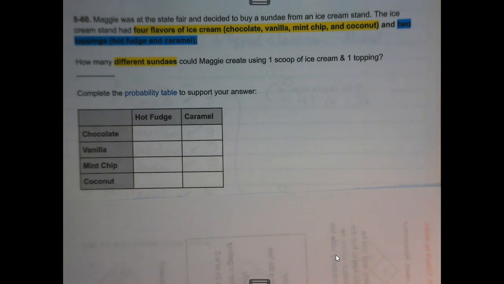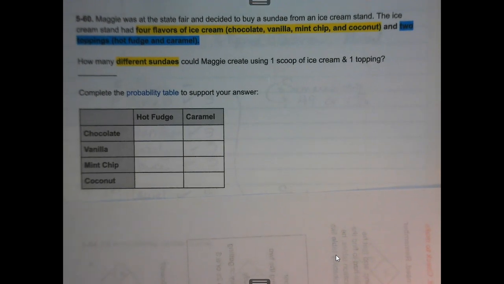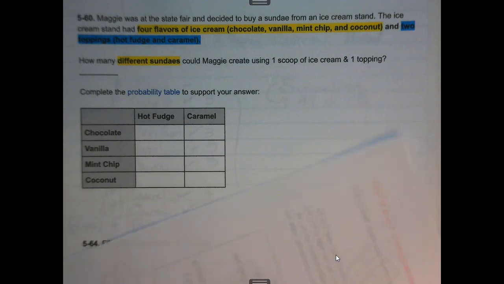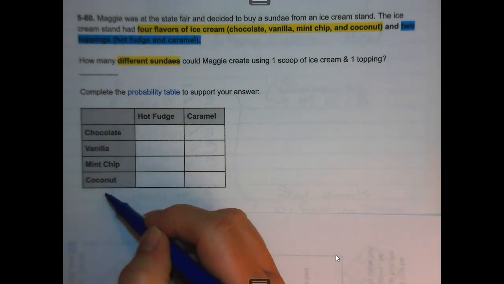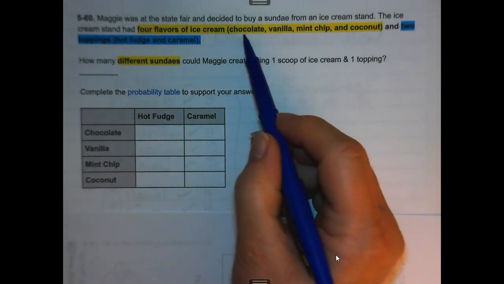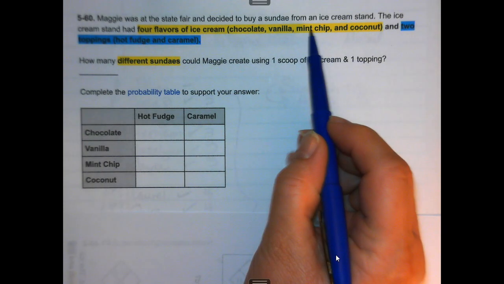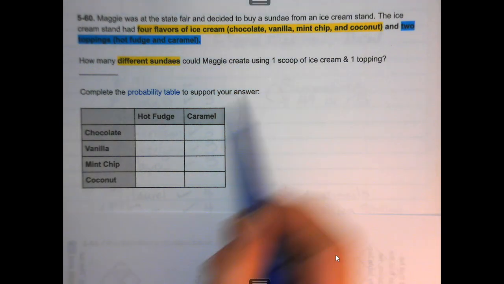We have a person that is at the state fair and she decided to buy a sundae from an ice cream stand. The ice cream stand had 4 flavors of ice cream. You'll see that on this table, I've written the 4 flavors of ice cream down the left side, and they're listed chocolate, vanilla, mint chip, and coconut, and 2 toppings.